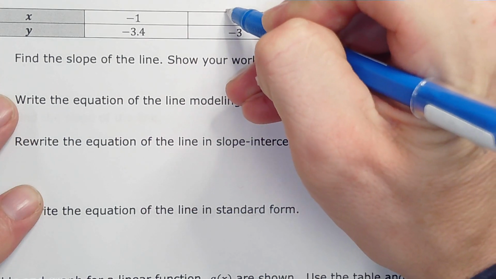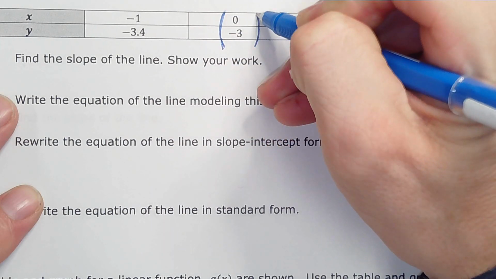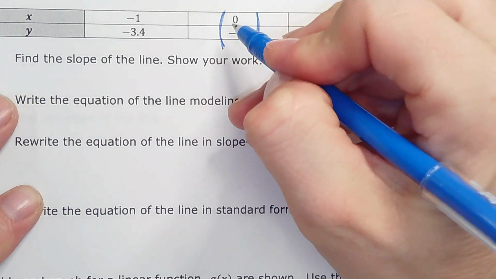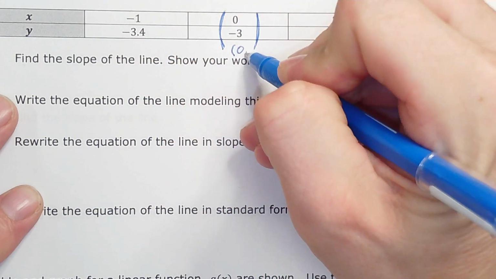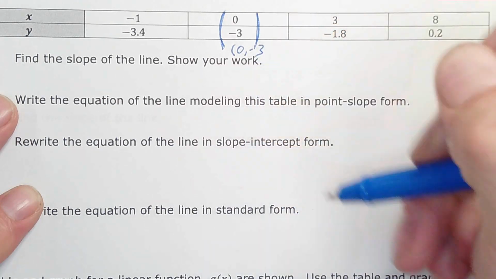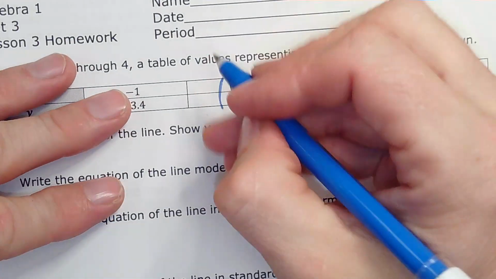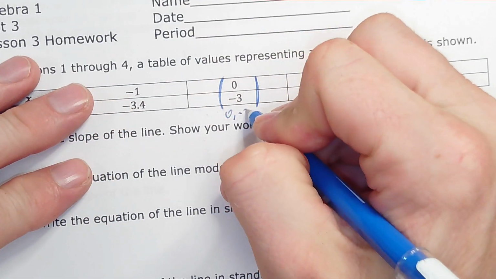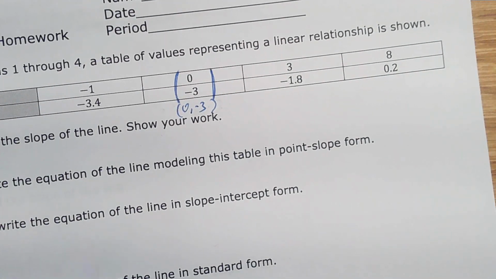So I'll just choose these 2 points here. I'm going to choose this one, I'll call this point blue. This is point blue, and this point blue is x and y, so point blue is 0, -3. And I'll call this one point red.